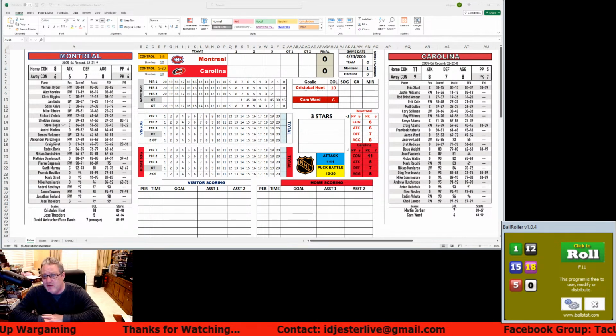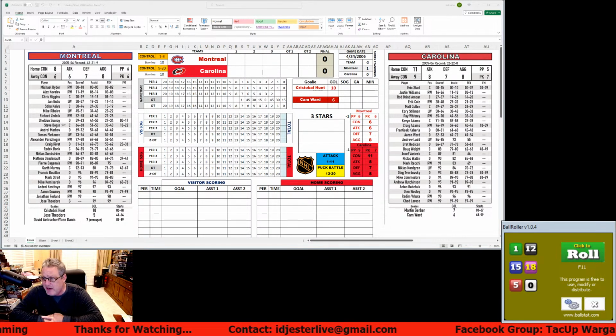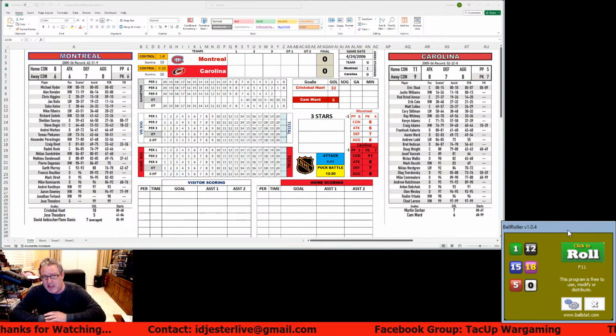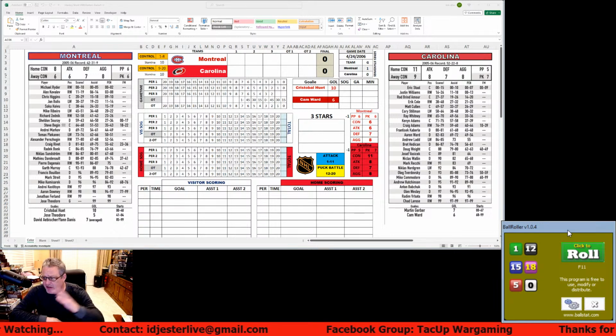So Game 2, Montreal at Carolina. Montreal leads this best of 7 series 1-0 with a 4-1 shellacking of Carolina in game number 1. Christopher Huet is the starting goaltender for the Montreal Canadiens. For Carolina, they're switching goalies.